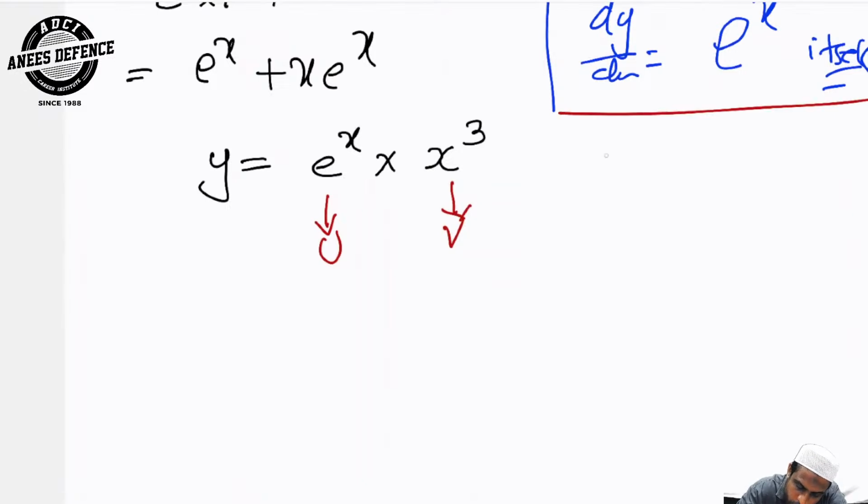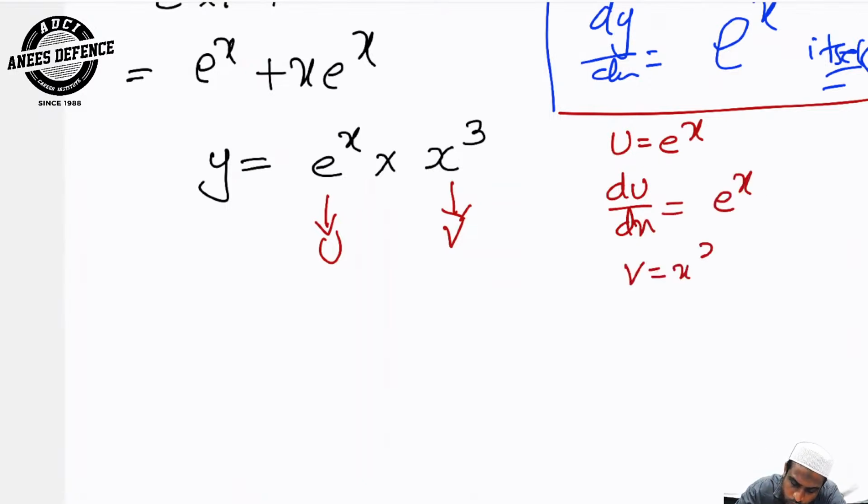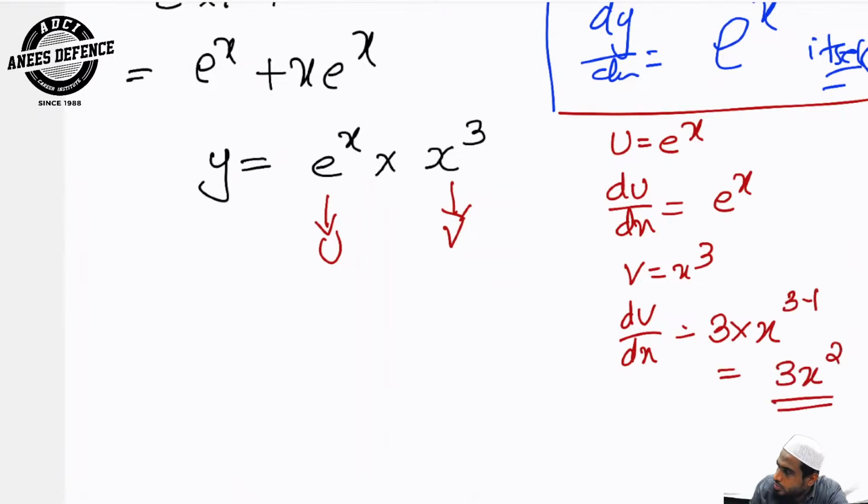So u equal to e raised to x, and du by dx, the derivative of e raised to x, is e raised to x itself. V equal to x cube, so dv by dx is 3 into x raised to n minus 1, so 3x square.